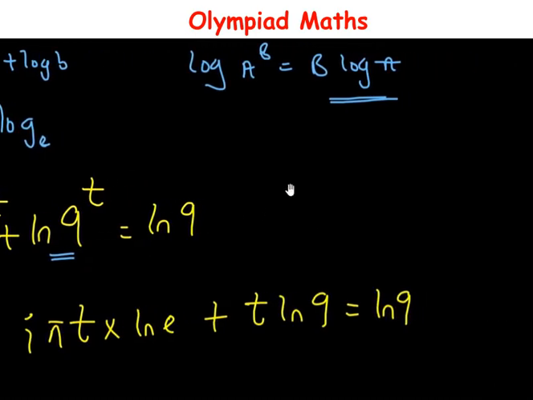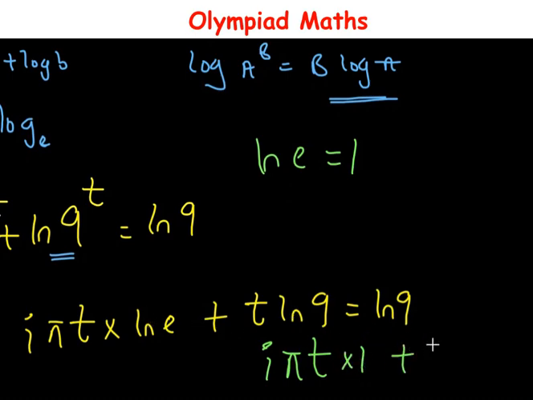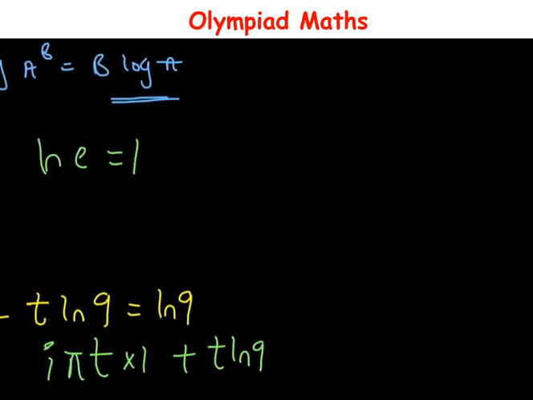At this junction, the value of ln e is equal to 1. So this then becomes iπt × 1 + t × ln 9 = ln 9.